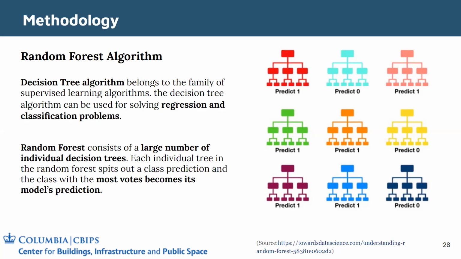The picture on the right shows nine small decision trees. Six of them come up with a result of 1, and only three of them give a result of 0. Based on the random forest calculation, the result will be 1 because the number 1 appears most often. And the next slide.